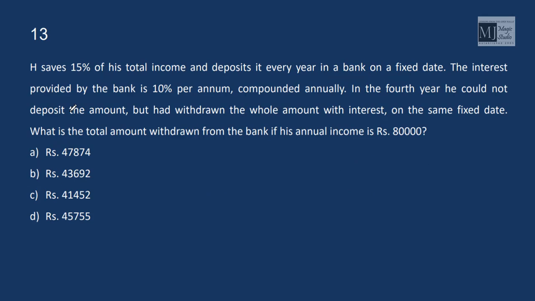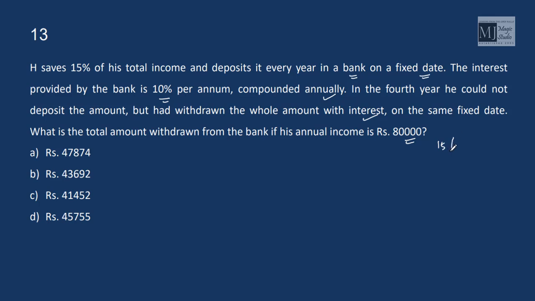H saves 15% of his total income and deposits it every year in a bank at a fixed date. The interest provided by the bank is 10% per annum, compounded annually. In the fourth year, he could not deposit the amount but withdrew the whole amount with interest on the same fixed date. What is the total amount withdrawn from the bank if his annual income is 80,000?